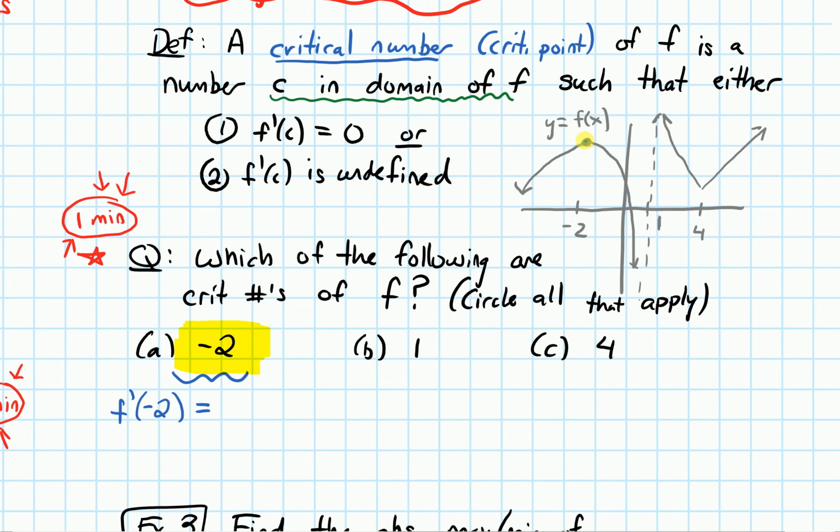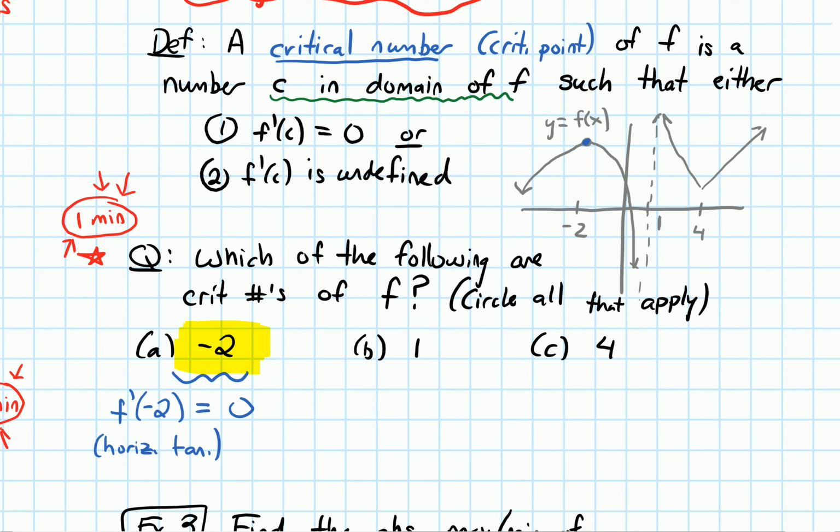If I were to draw the tangent line here, it's perfectly horizontal, so it's going to have a slope of 0. So this corresponds to a horizontal tangent line. The other important part is -2 needs to be in the domain of the function, and I can see that it is because there's a point there.